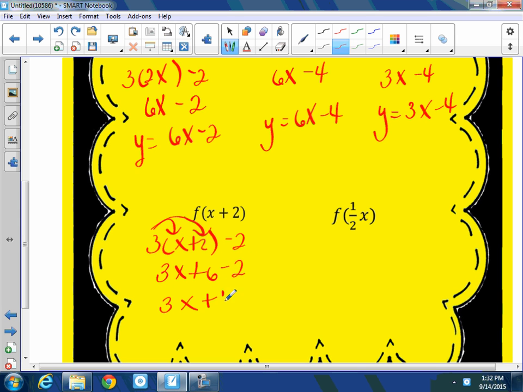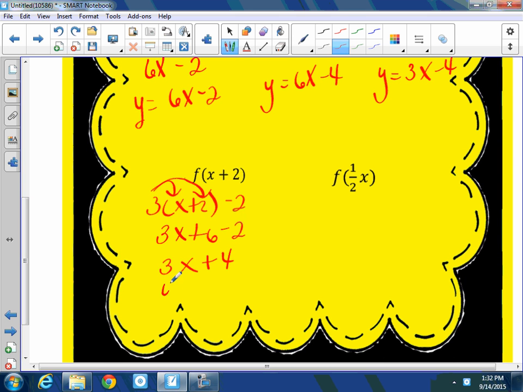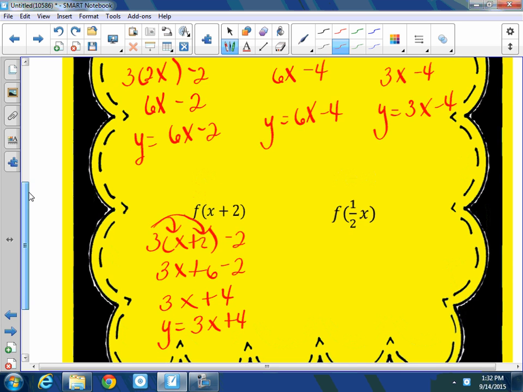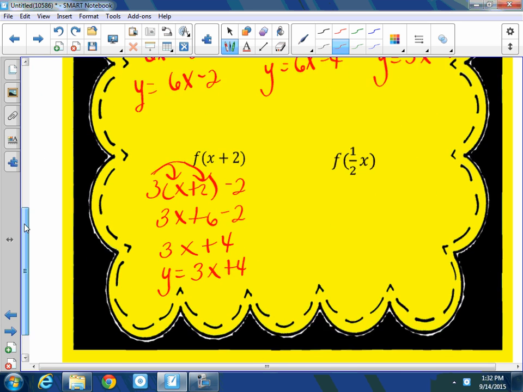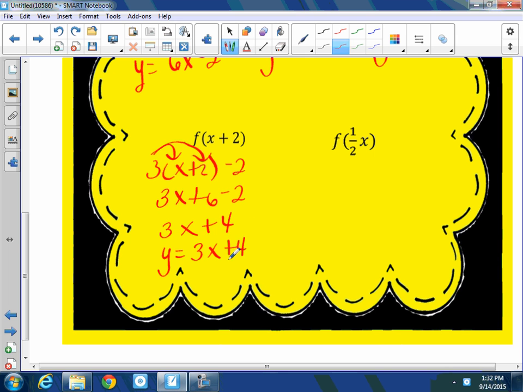So 6 minus 2 would be 4. So now my function is 3x plus 4. So the slope is the same. The y-intercept used to be negative 2. So this shifted 6 units up, because now it is positive 4 instead of negative 2.